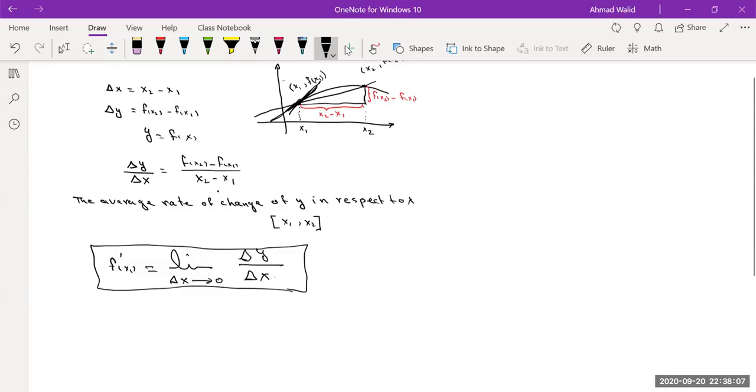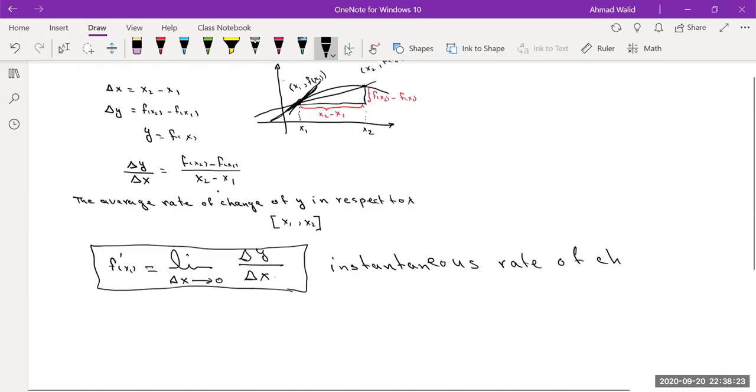This formula actually means the instantaneous rate of change of y with respect to x. That's it.